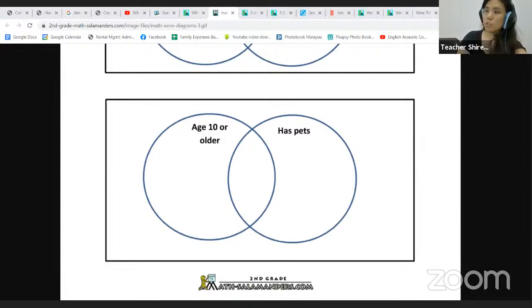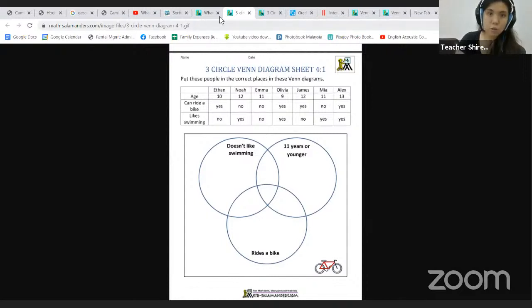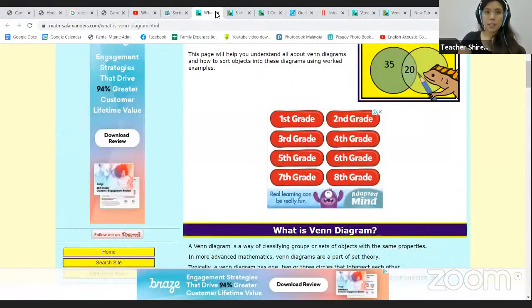Tomorrow we are going to do how to analyze and how to interpret the Venn diagram. Okay, that's pretty much all for today. Tomorrow I'll go a little bit deeper into three circles. All right. Okay, that's all.